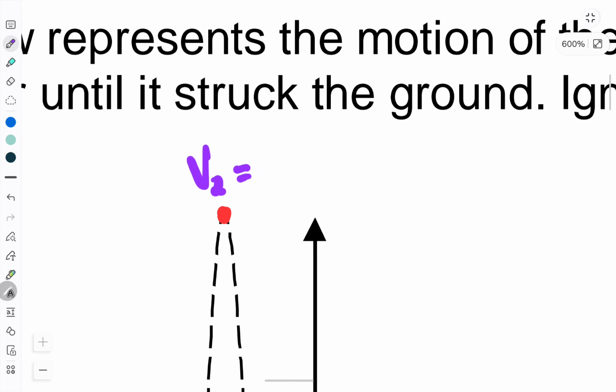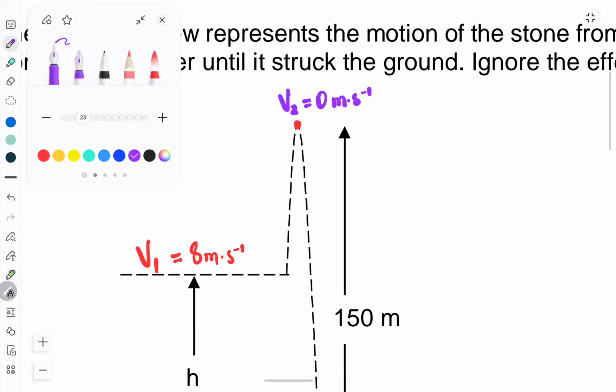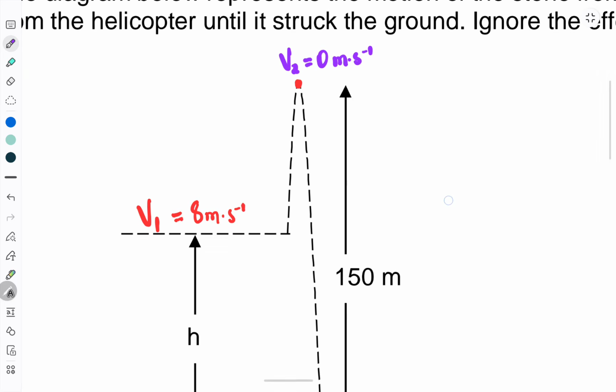Remember, in any vertical projectile motion, whenever we reach the maximum point, before turning, the velocity at that maximum point is 0 meters per second. Okay, and then, all right, so now we continue.